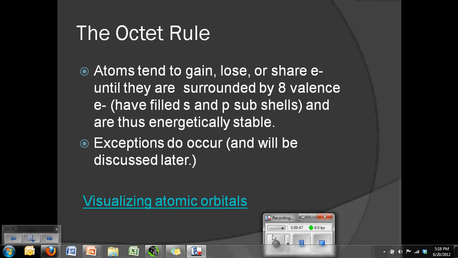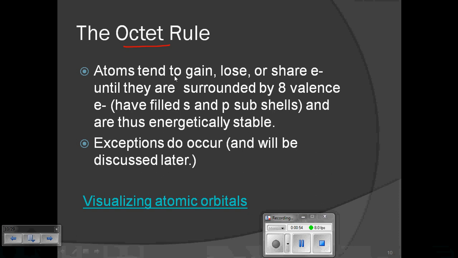As we talk about stability and lowering of energy, there is one rule that plays a big part, called the octet rule. Scientists have seen that atoms that have a complete octet, or 8 electrons in the valence shell, tend to be more stable, or of lower energy, than atoms that have less than 8 electrons in their valence shell.